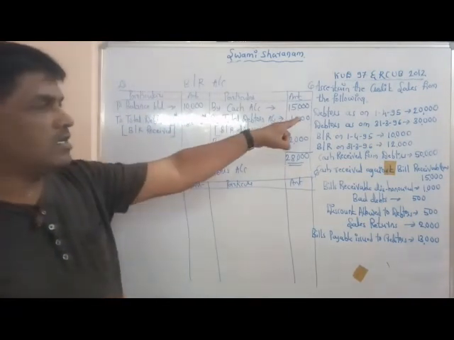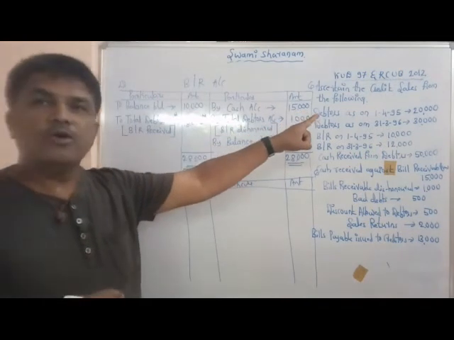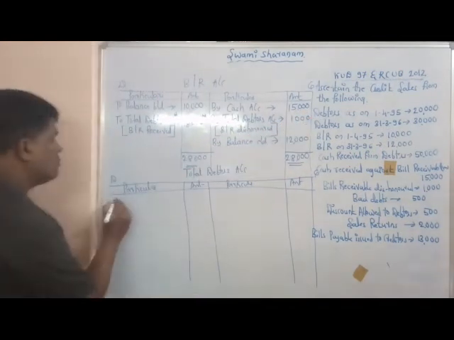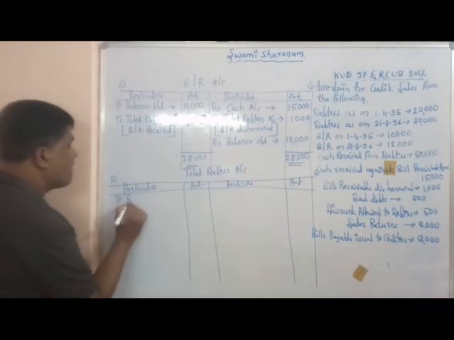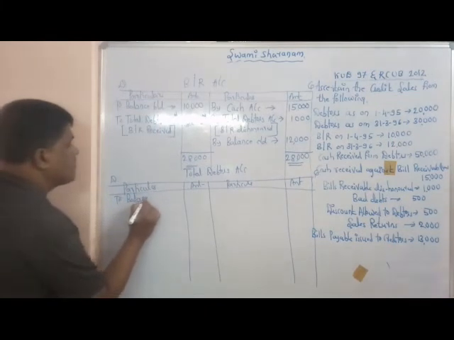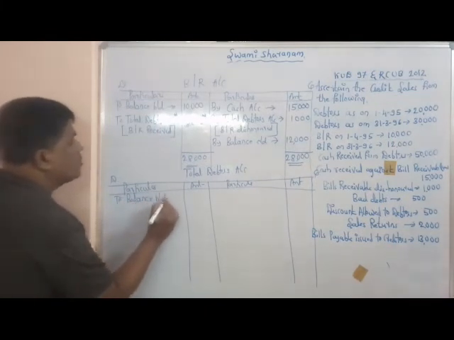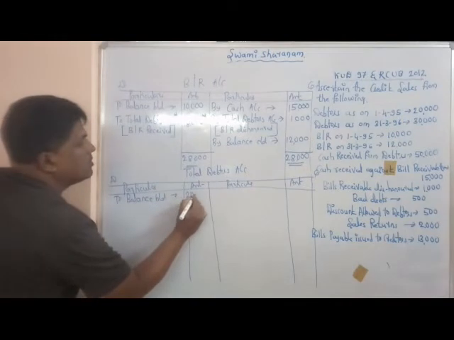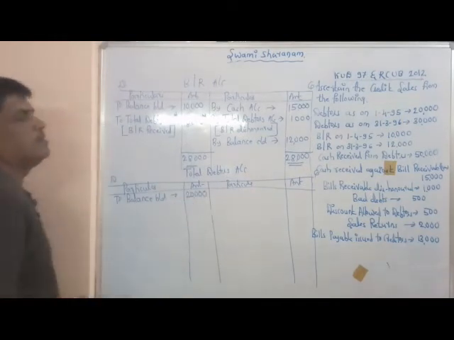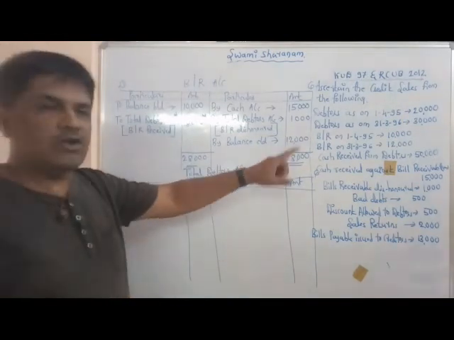How much are the opening debtors on 1/4/1995? Rupees 20,000. So, to balance brought down, rupees 20,000. Then the closing debtors is recorded last.